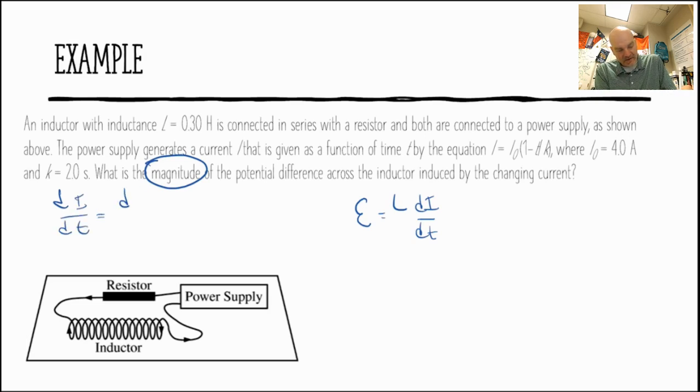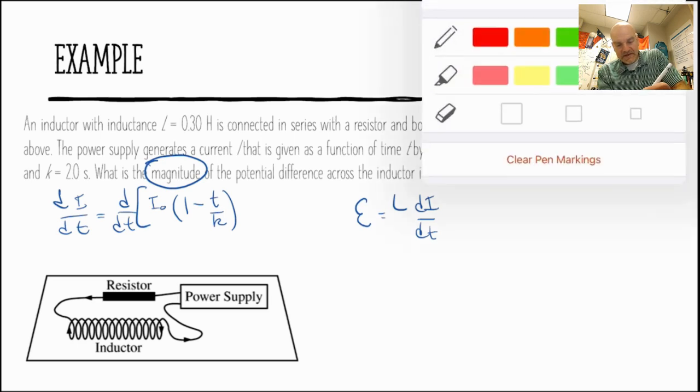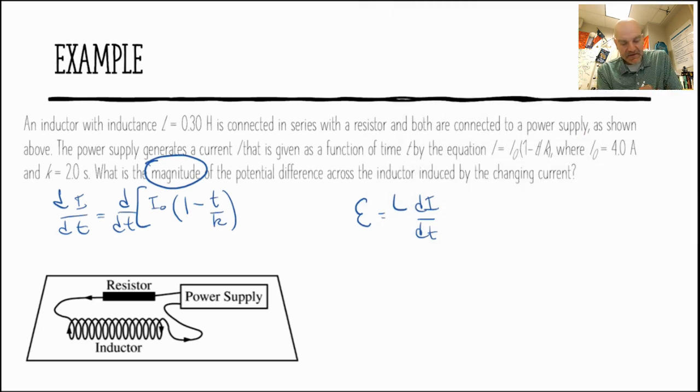We're going to take d dt of I0 times (1 minus t over k). You could do some simplifying here, but if we plug in what I0 and k are, it's d dt of 4 times (1 minus t over 2), because they tell us k is 2.